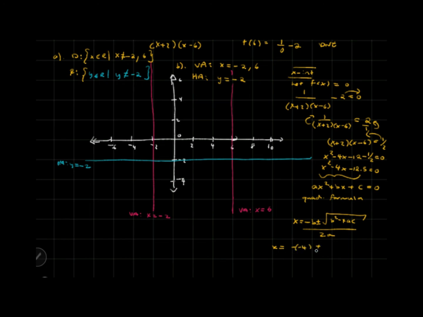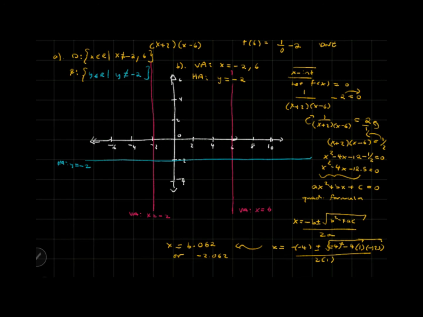So you have negative 4 plus minus the square root of negative 4 squared, minus 4 times 1 times, so a is 1, and then c here is negative 12.5, and this is over 2 times 1. If you crunch this out, x is equal to either approximately 6.062, or approximately negative 2.062.